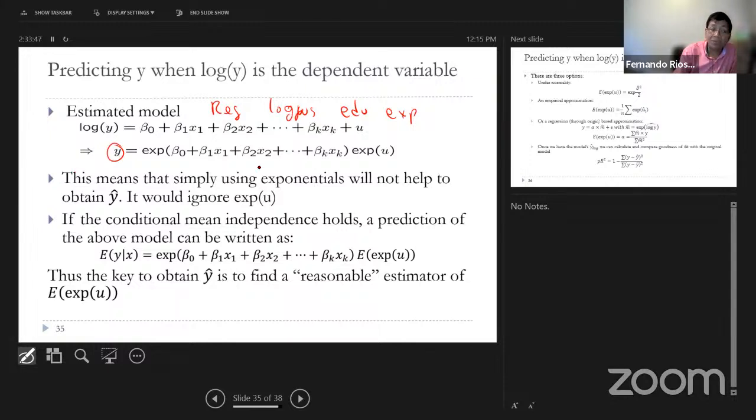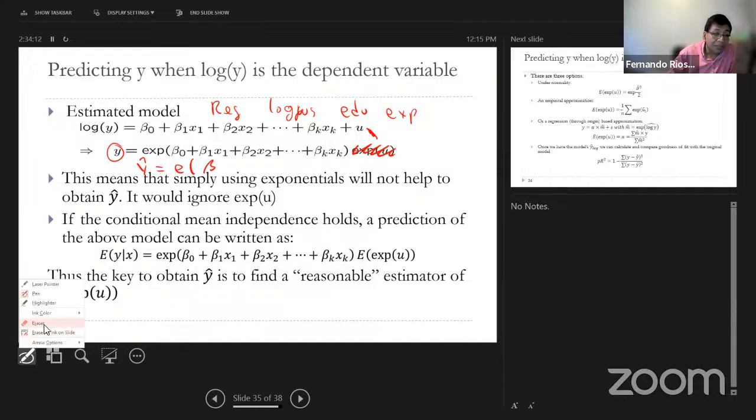Something that people usually do is just say y hat should be equal to the exponential of the betas times all of these, ignoring the error term. Ignoring the error term, however, is going to be incorrect because the error term is part of the model itself, and you cannot just zero it out.